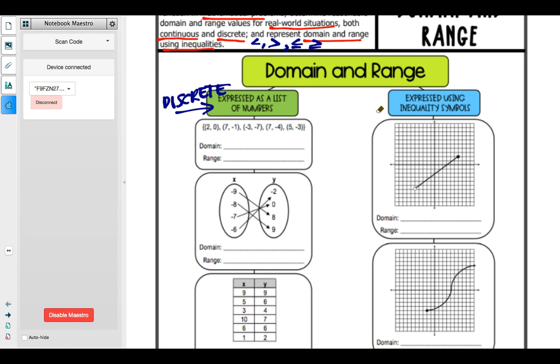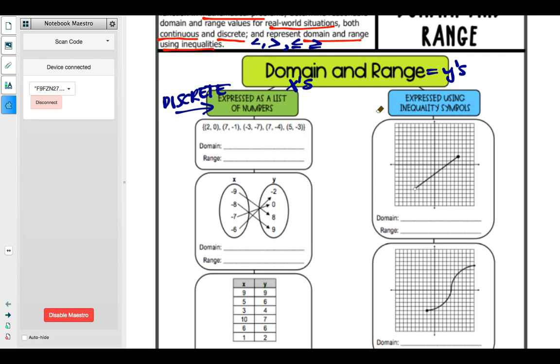Okay. When we talk about domain, we need to understand that domain represents our x values and range is our y's. Okay. All right. So let's get into it. So first, we want to represent domain and range as a list of numbers.